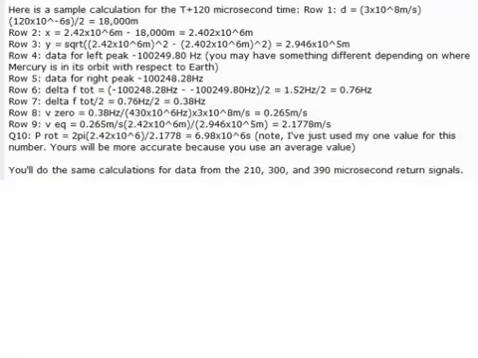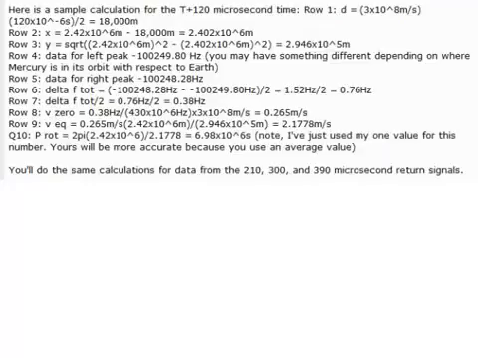What you're looking at here are basically the calculations for the rows of the data table. What I've labeled question 10, that is question 10.